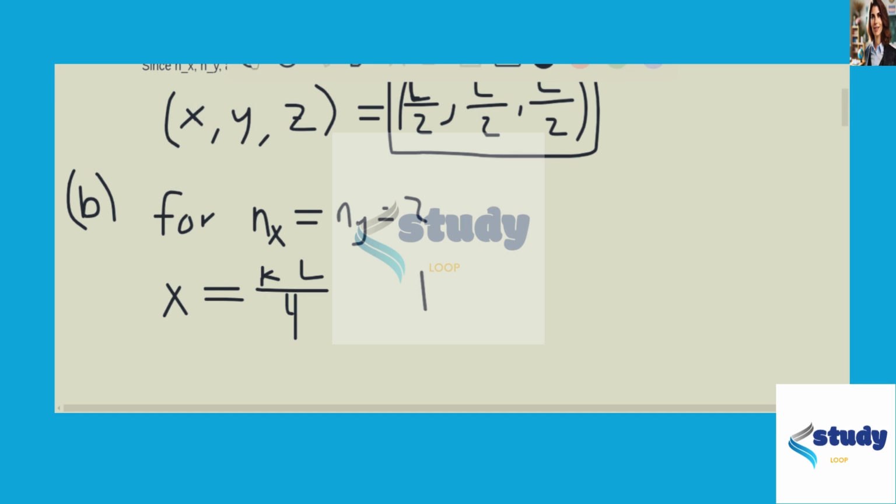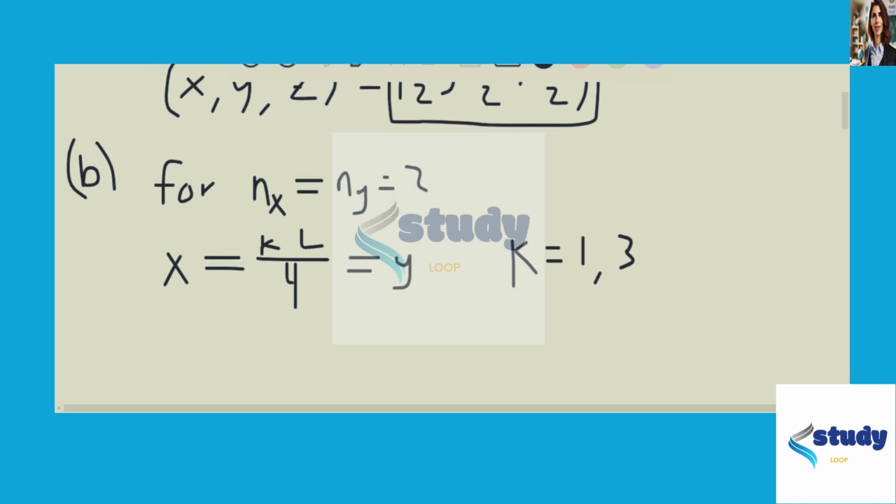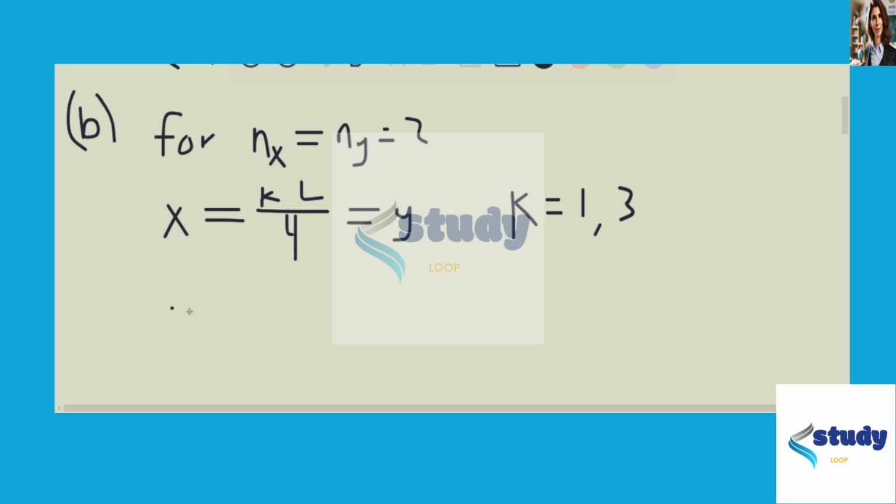This is also going to be the same for y, so y is equal to kL over 4, with k equal to 1 or 3. But z is still confined to the same constraint as above, so z is equal to L over 2.